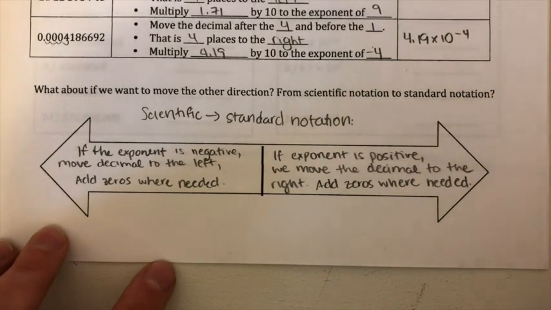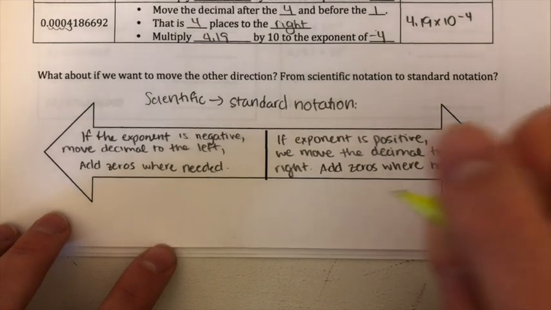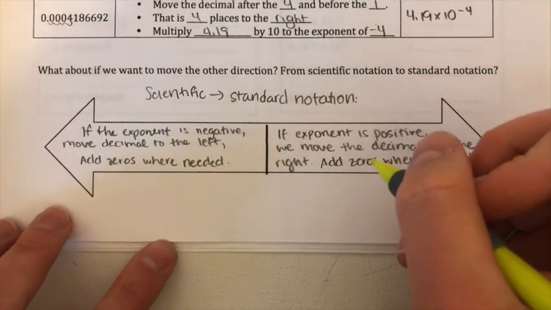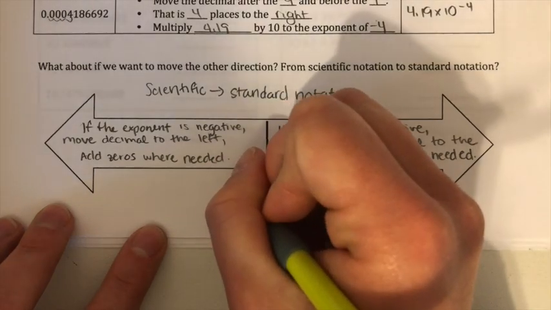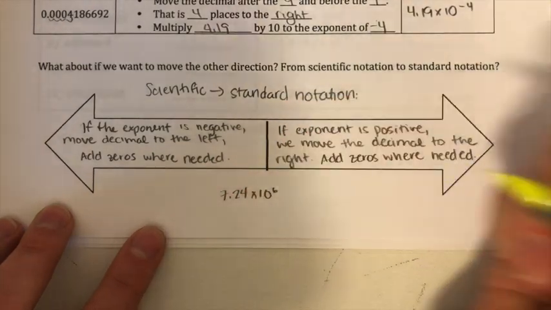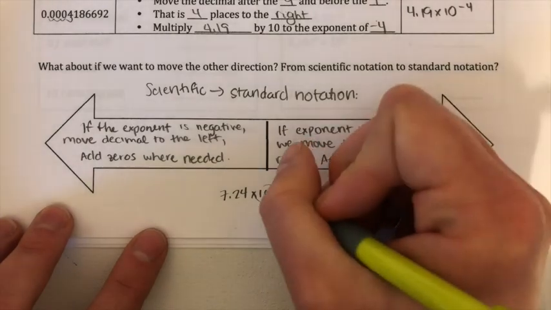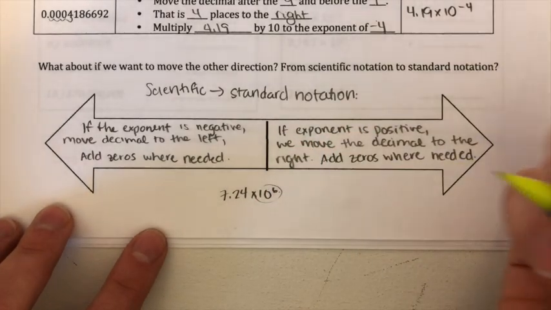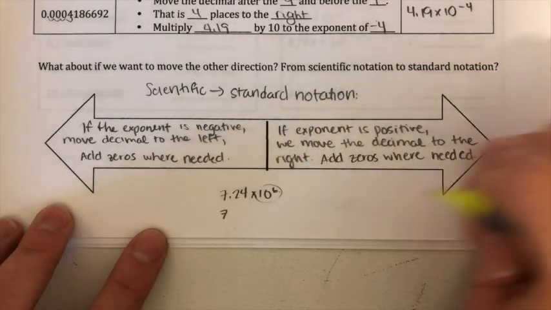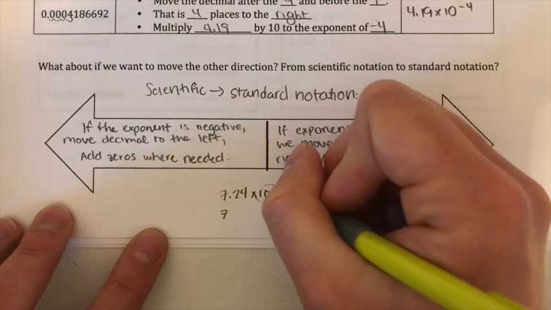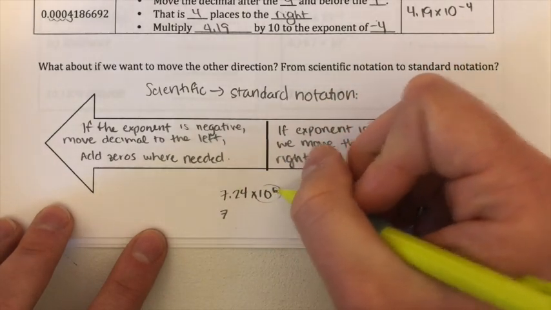Okay, so for this, if we think about like if I have 7.24 times 10 to the 6, this times 10 to the 6 with its positive exponent means it's a really big number. So if I want this to be written in standard notation, I need to understand that because my exponent's positive, I want a big number.